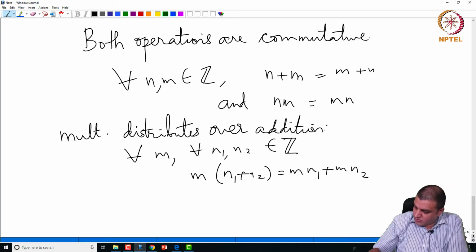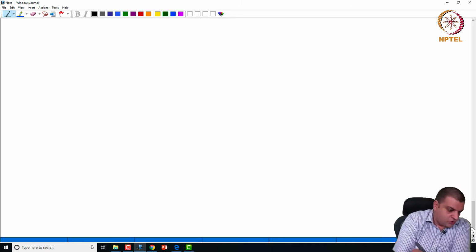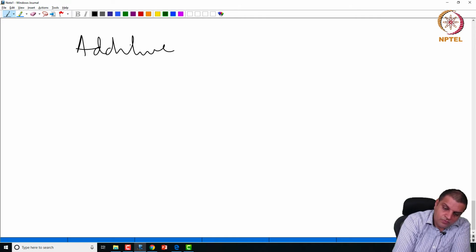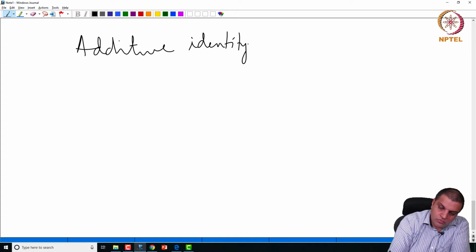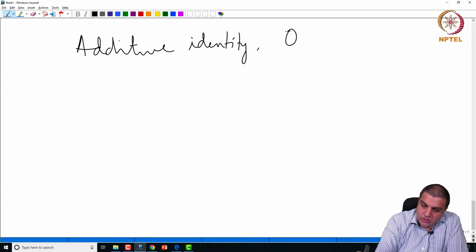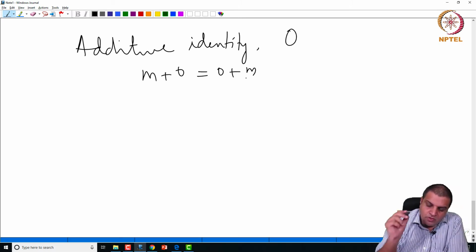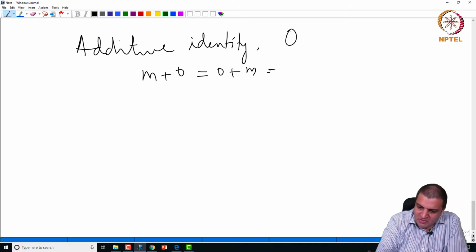So there are a few more properties that are of interest to us. There is an additive identity, that is, 0 has the property such that m plus 0 equals 0 plus m. This is okay because it is commutative.